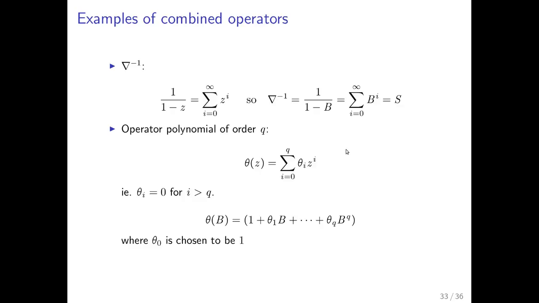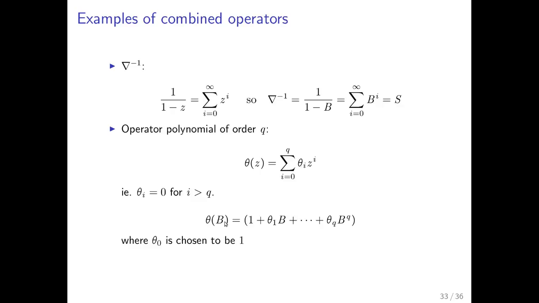That is effectively the comparison to this up here, meaning that whenever index i is greater than q, the weight or parameter associated is 0.